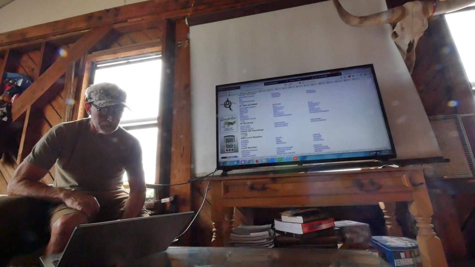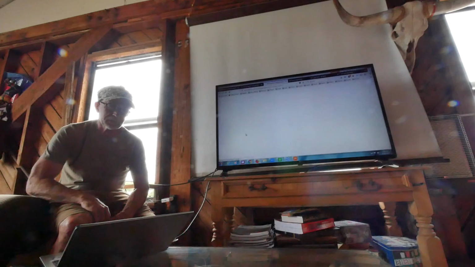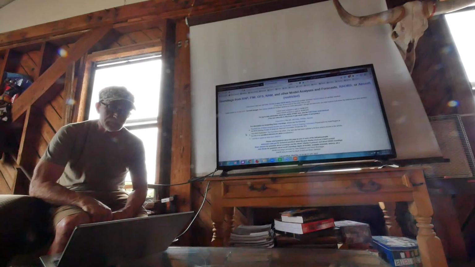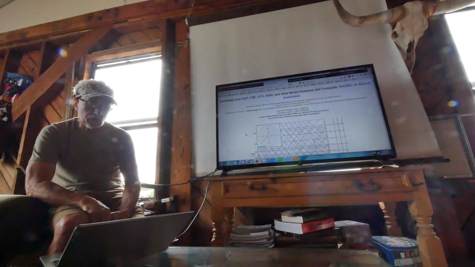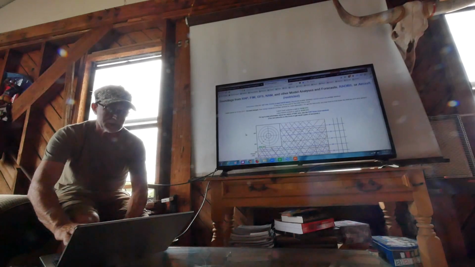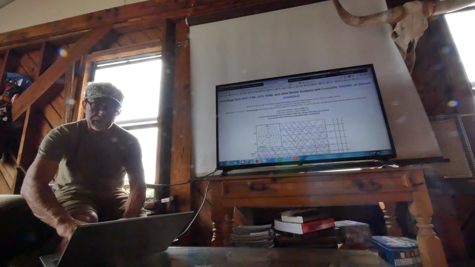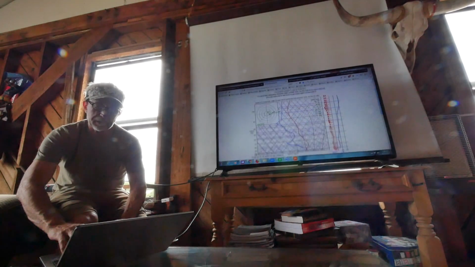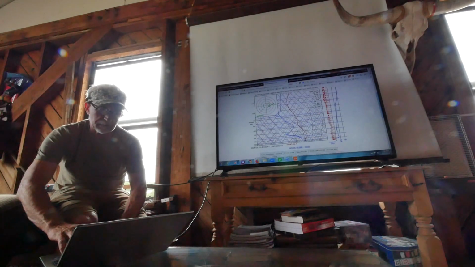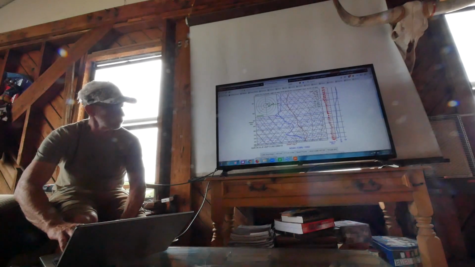So I'm going to click on that, and this takes us to, I believe, the NOAA website, RUC soundings, and you can see the Skew-T diagram here. Oh, and look at it, populated. So this is the part where it's interactive.